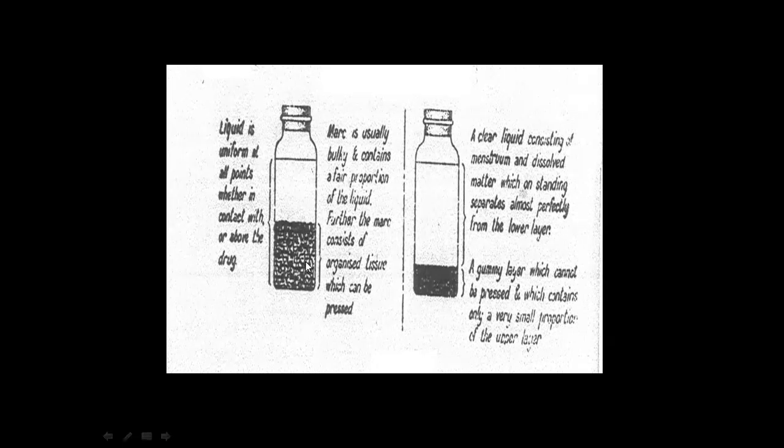In the case of organized drug, it is more. Assume you pour 10 ml, and after a period of maceration, if you go for filtration, hardly you will get 2 ml or 3 ml. Only by pressing the marc will you get up to 7 ml or 8 ml. That is why pressing the marc is required in the case of organized drug.